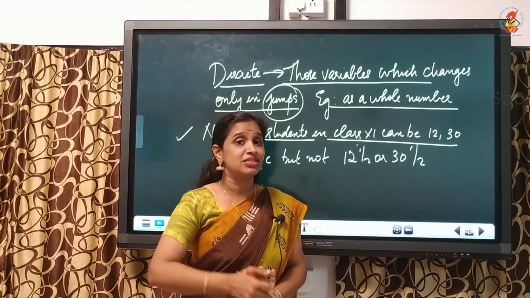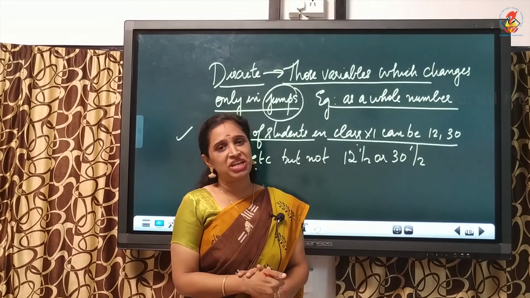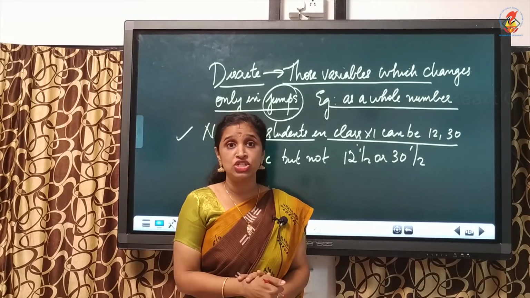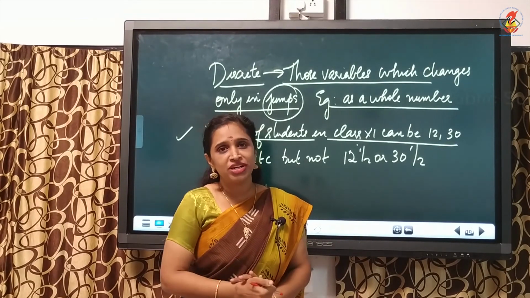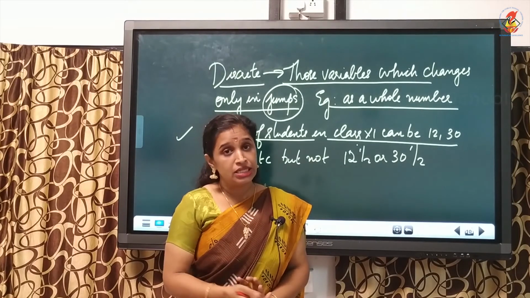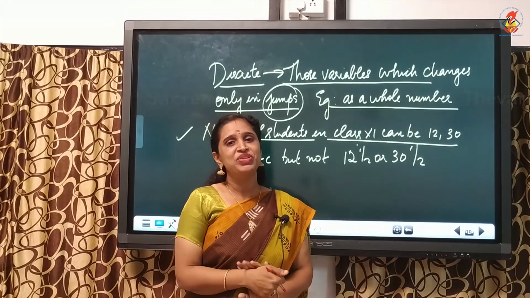So that is the best example for discrete variables. It can occur only in jump or as a whole number. That means there is no 34 and a half student in a class. There are only 34 students in the class.